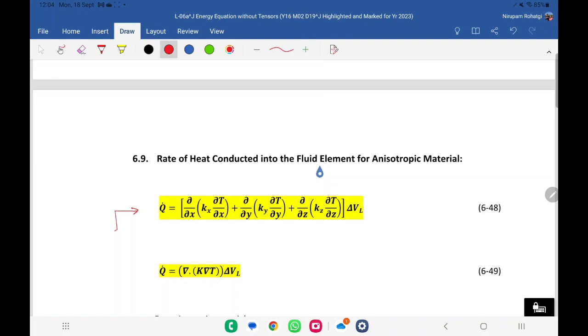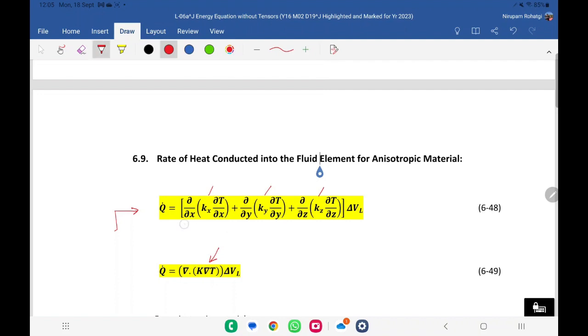If that is the case, you have to talk about Kx, Ky and Kz. And this equation remains same which we had written in energy. Only thing is now K has three components, Kx, Ky and Kz, and it comes inside the divergence, before the gradient, after the divergence. You can see this is the equation.